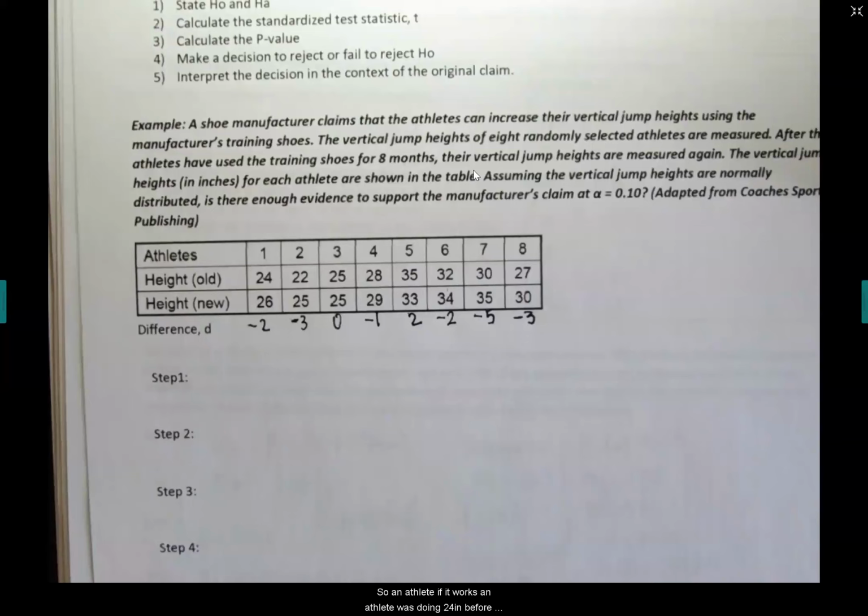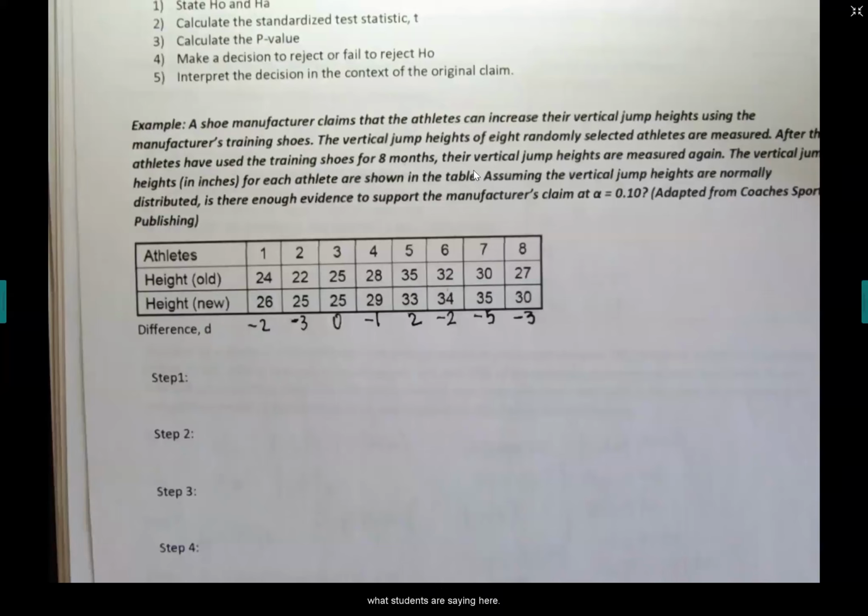So an athlete, if it works, an athlete was doing 24 inches before, and now the athlete is doing 30 inches. Or if an athlete was doing 15 inches before, when they wear the new shoes, they're going to do 20 inches. So 15 minus 20 is -5. Or an athlete was doing 28 inches and now is doing 30 because they did improve. 28 minus 30 is negative.